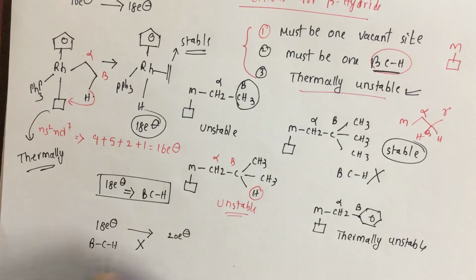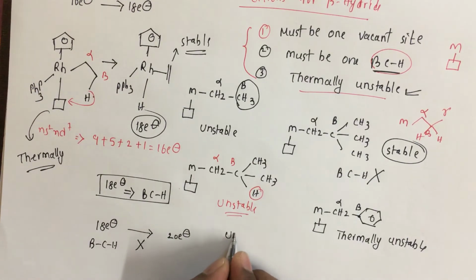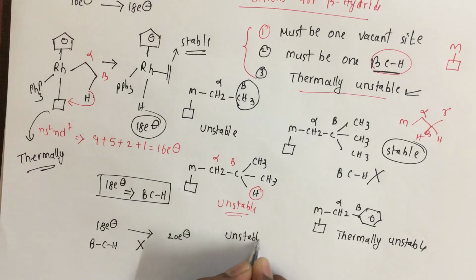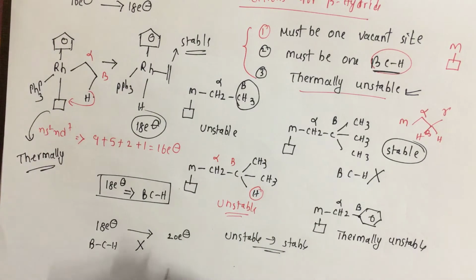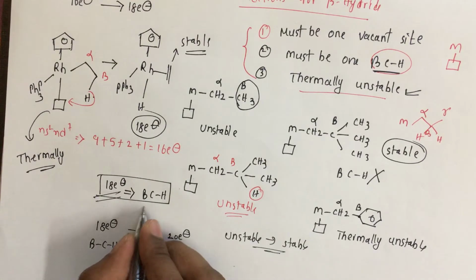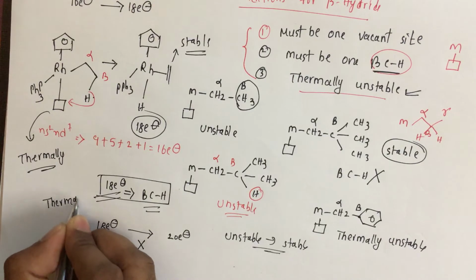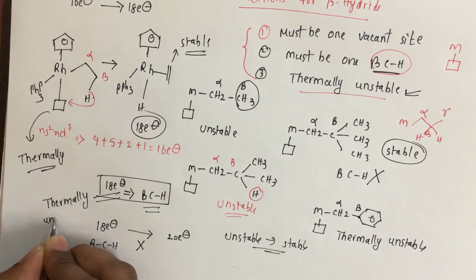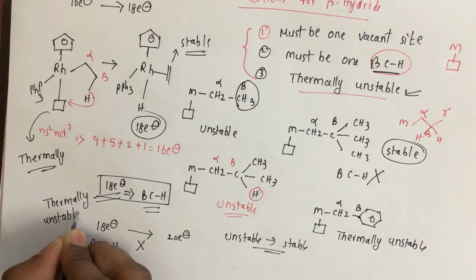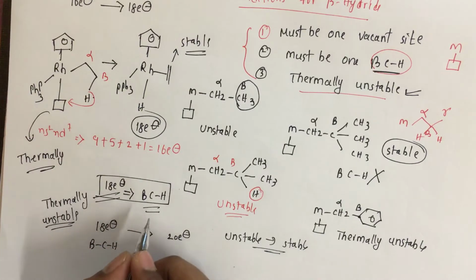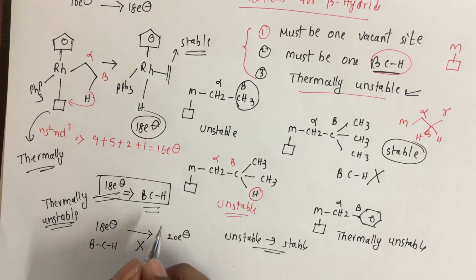This is not possible, because an unstable complex can be converted into a stable one, but a stable one cannot convert into an unstable one, right? So even if an 18 electron complex has beta hydrogens, it is thermally stable. This is very, very important. Any 18 electron complex which has beta hydrogens is thermally stable, so we can't say that it is thermally unstable.